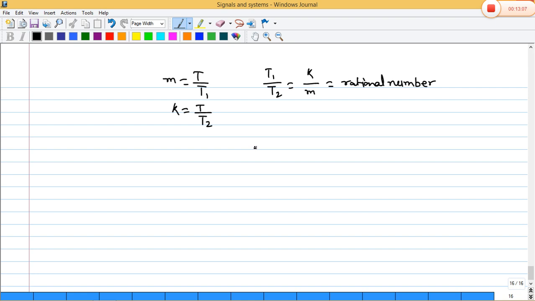The fundamental time period, that is T0, is the LCM of T1 and T2, and if any more functions are there, we can find the LCM of all of them.